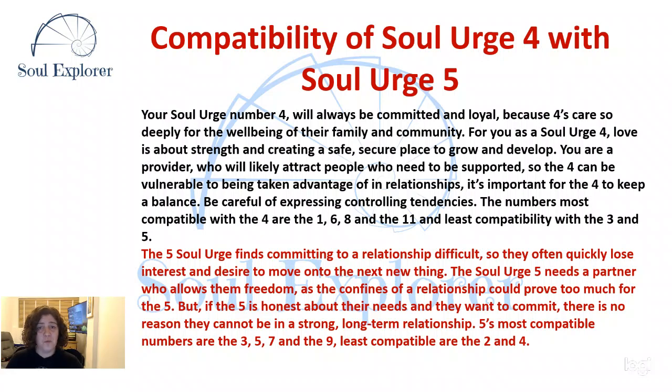They don't necessarily want to get into a deep relationship or to be intimate. That's just the way the number is. So the 4 and a 5 soul urge will have a lot of mismatches in their relationship. But, as I always say, if you're both willing to compromise and understand each other, it's not impossible for the two numbers to work together towards something great.